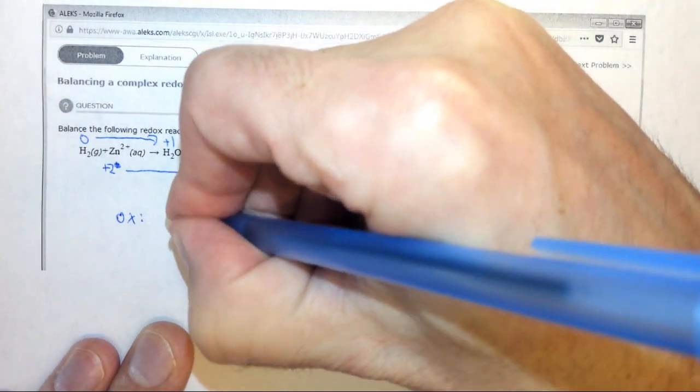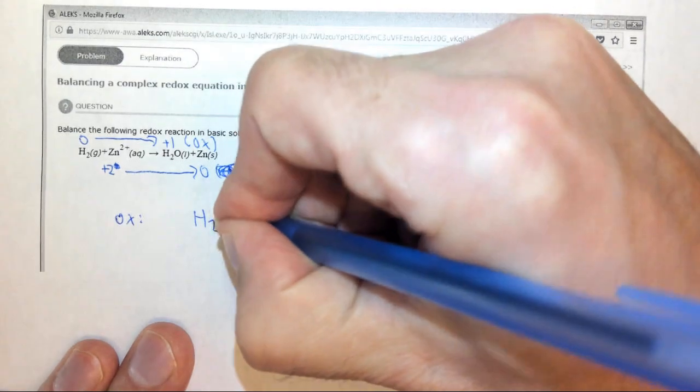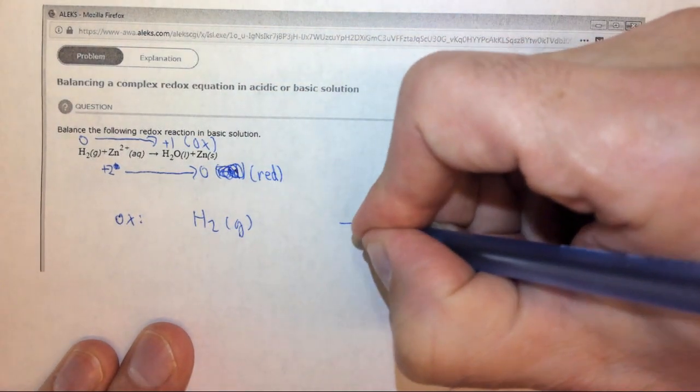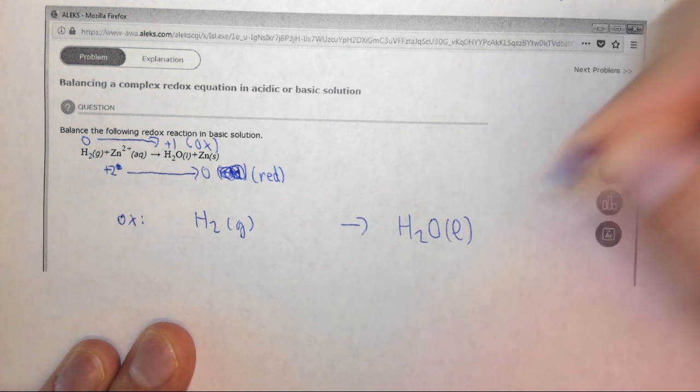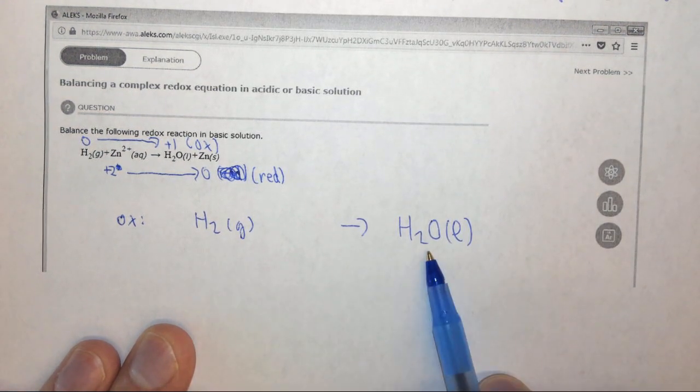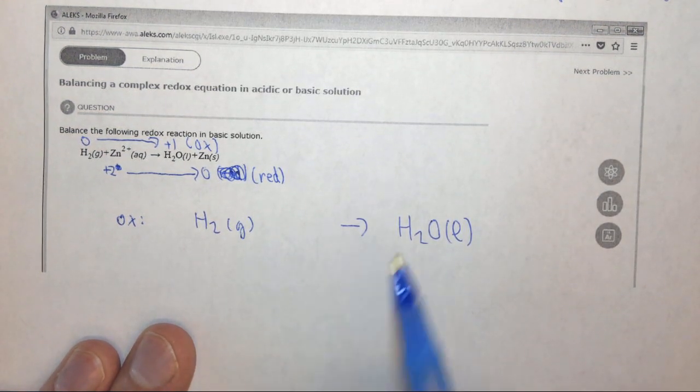Here we have H2 gas yields H2O liquid. We have 2 hydrogens and 2 hydrogens.